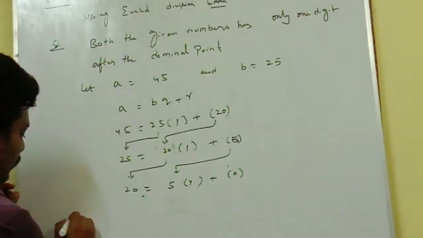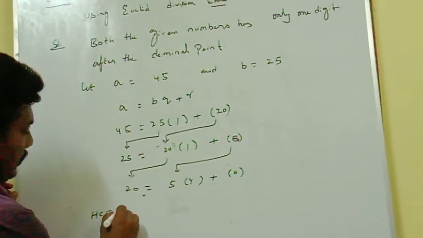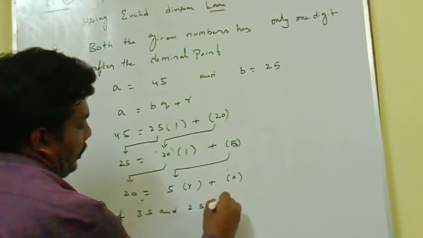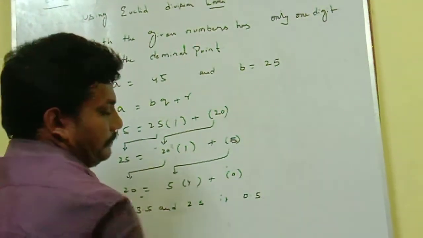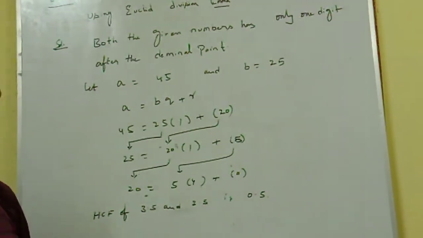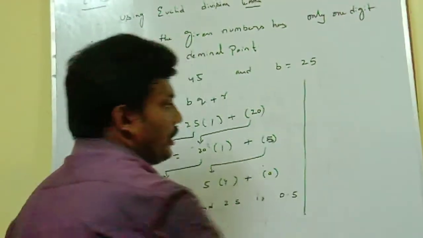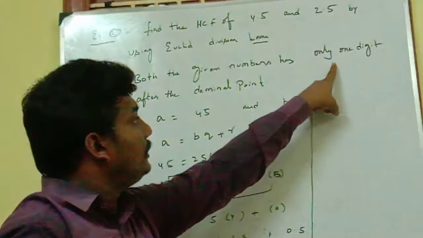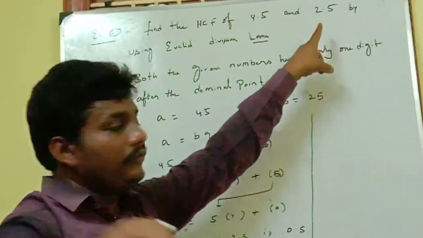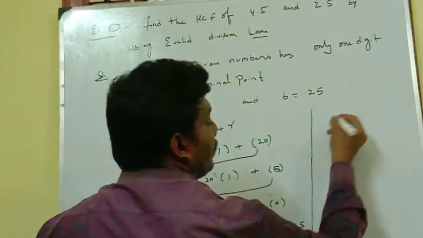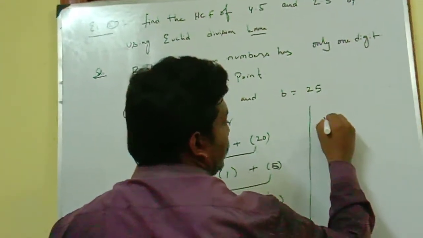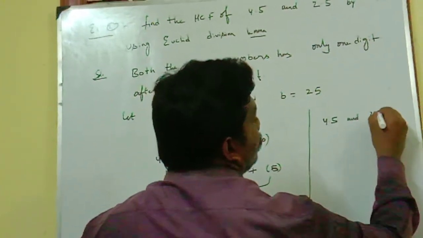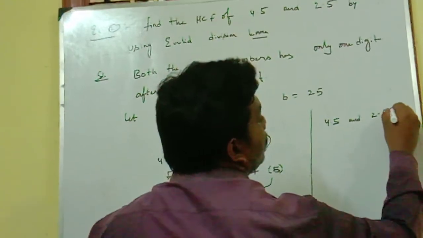Therefore the HCF of 4.5 and 2.5 is 0.5. Now we generally have a doubt: in this case both have the same number of digits after the decimal point, but what if they do not? For example, 4.5 and 2.55.